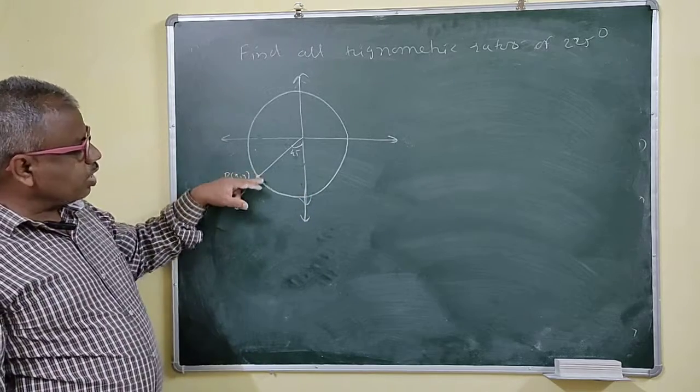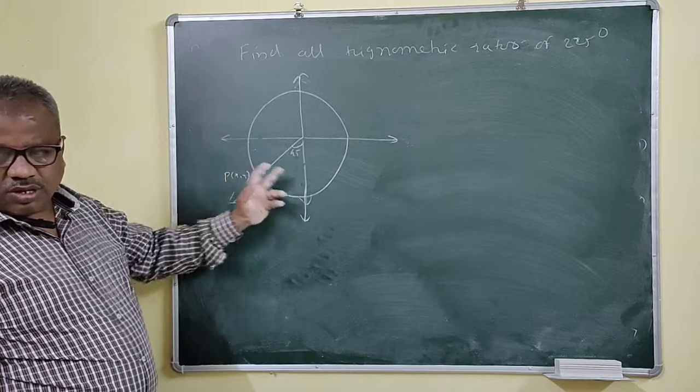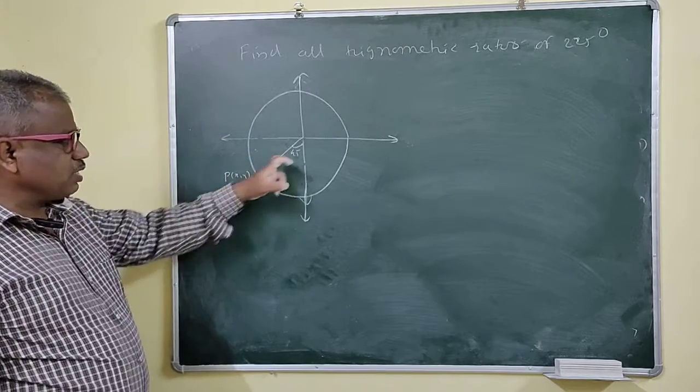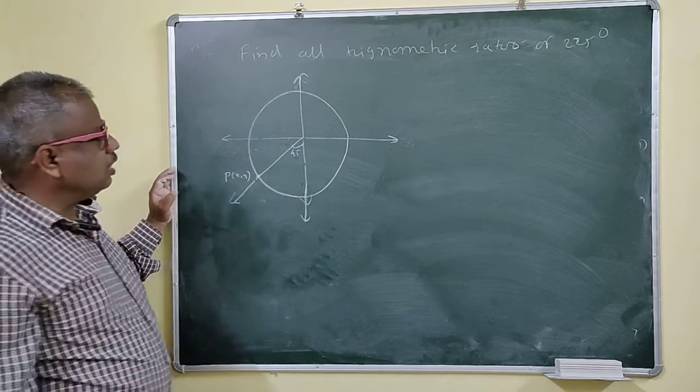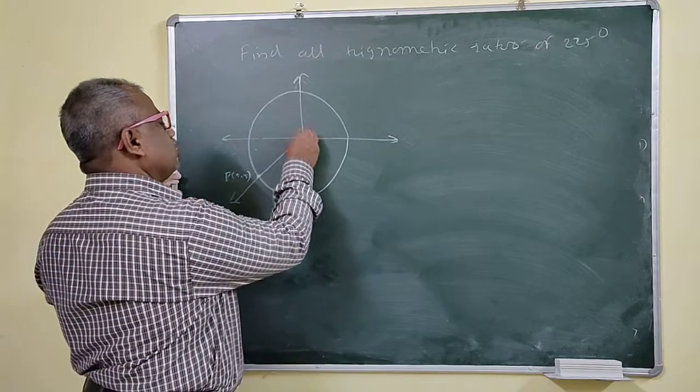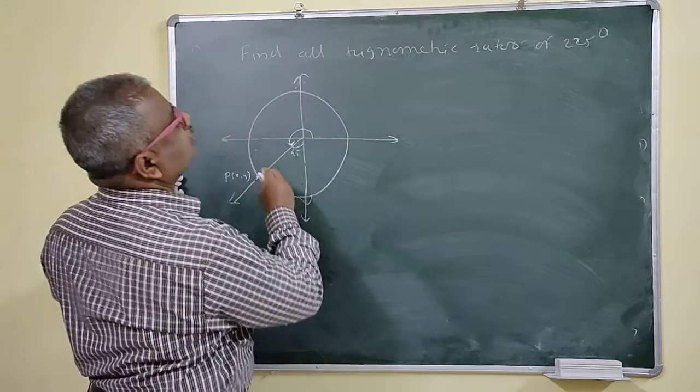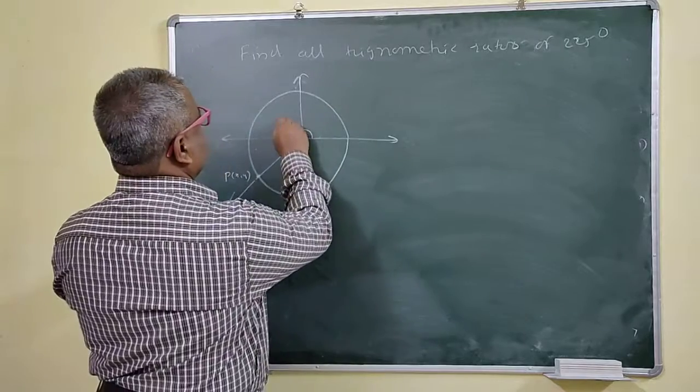You can draw on the x-axis or on the y-axis. Doesn't matter. This angle is also 45. Now this is your direction, this is 225 degree.